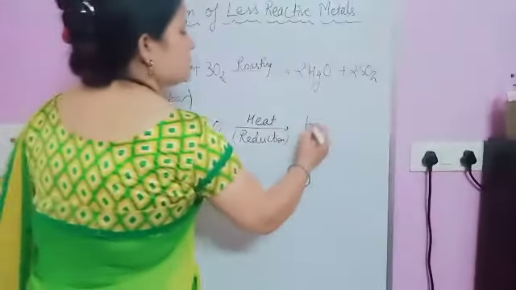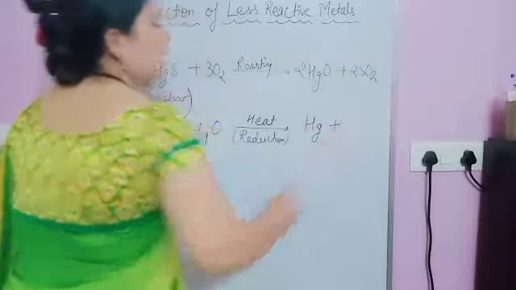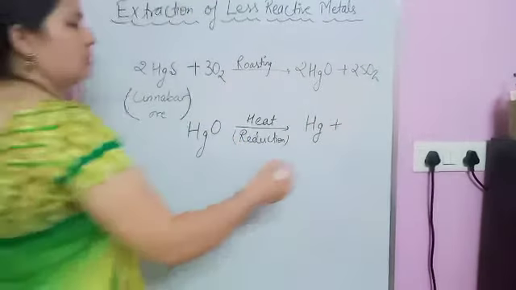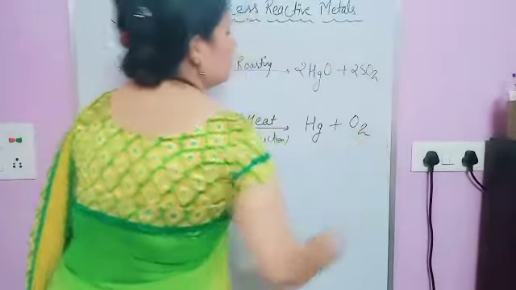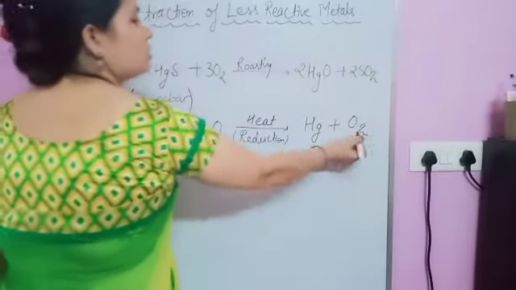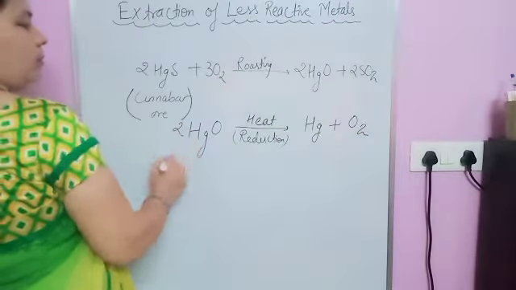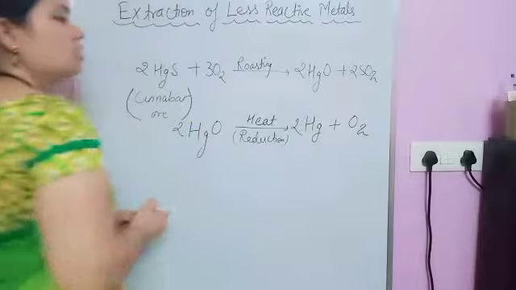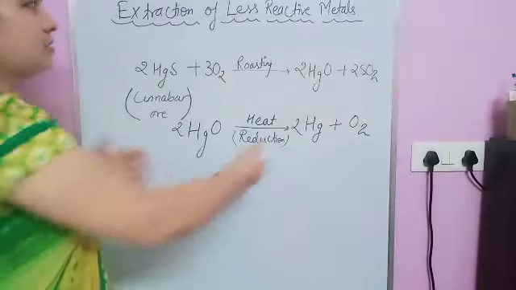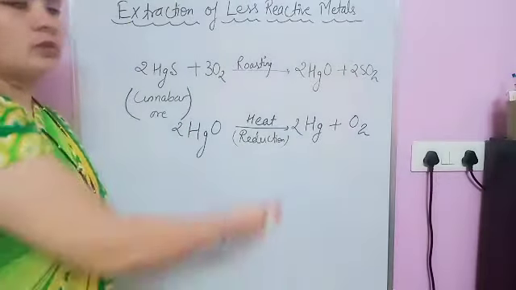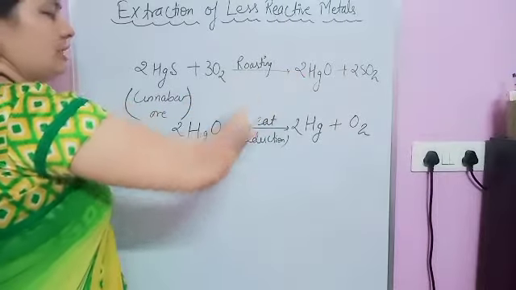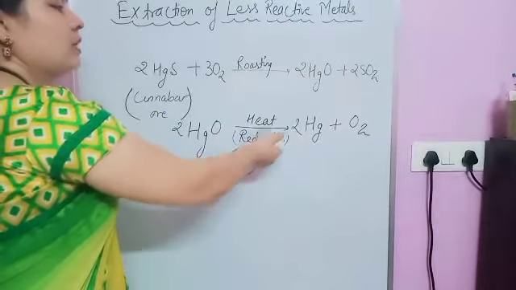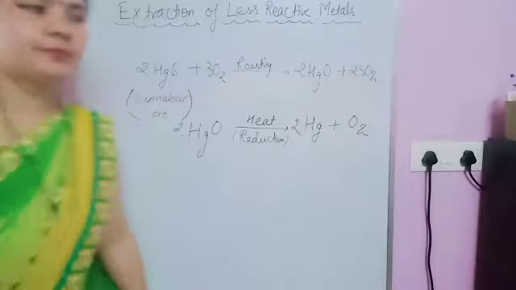So this is converted into Hg plus oxygen is evolved. Now it is not balanced: oxygen is 2 here and 1 there, so balance it. This is the extraction of mercury by this process. Once converted into oxide and then simply heated, you will get the metal.